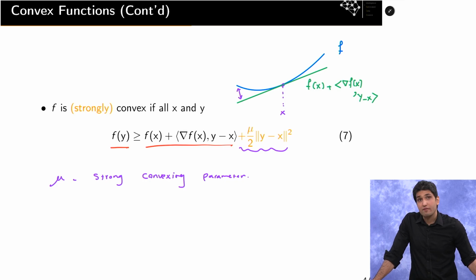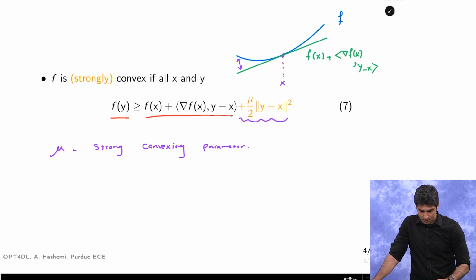And for this reason, the first definition is sometimes referred to as a zero-order definition of a convex function. This is called the first-order definition of a convex function because the first one only has requirements on the function values. This has requirements involving the gradient as well.